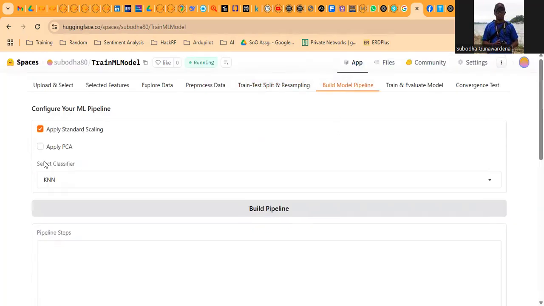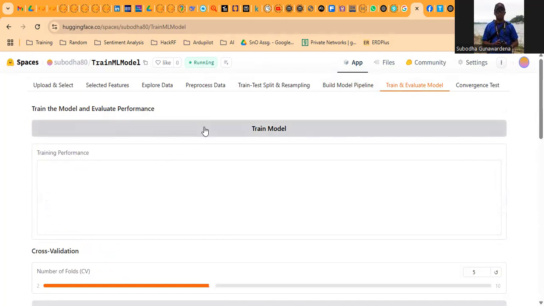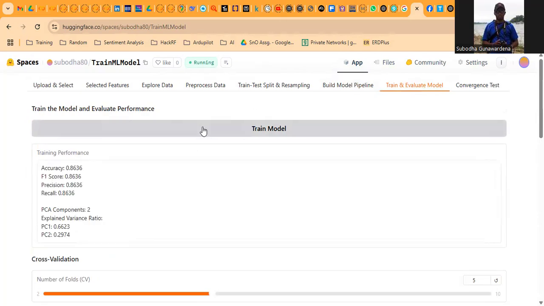Now when I build the model, let's apply principal component analysis and use random forest. So build the pipeline with principal component analysis, go to training, train the model, and here you can see this has chosen 2 principal components.